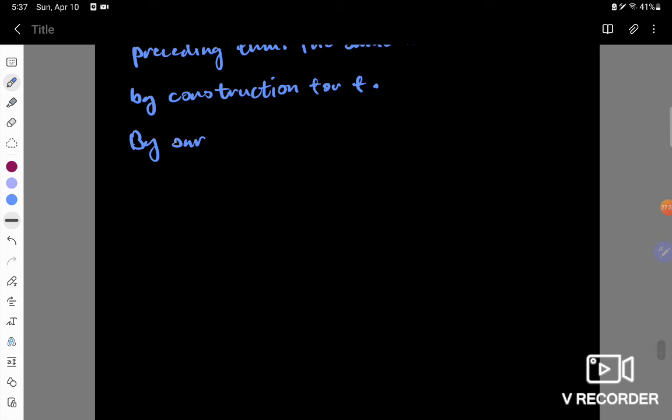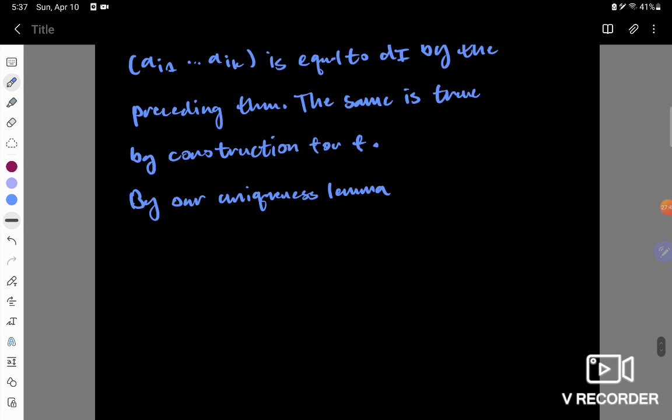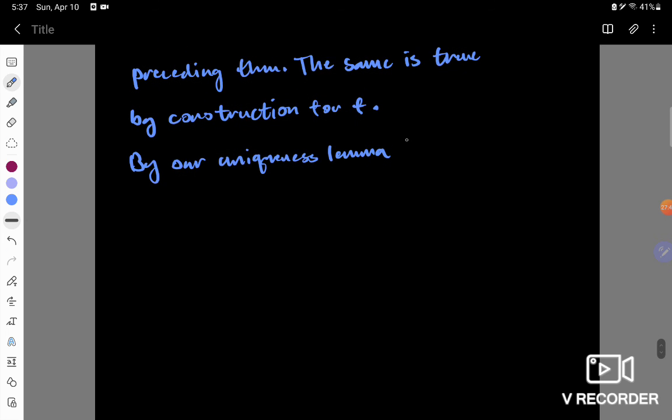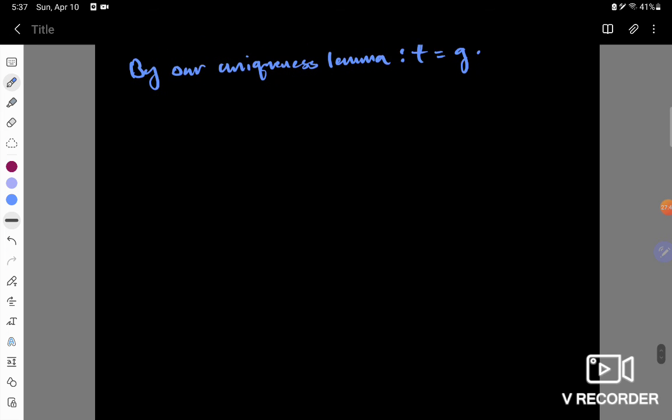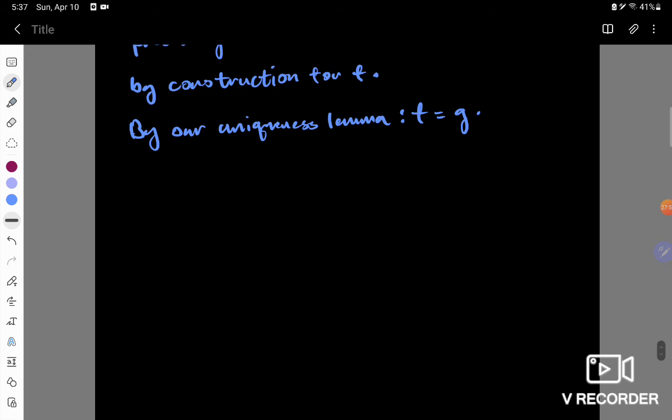By our uniqueness lemma, we showed that F and G agree in this sufficient manner. Hence, F is going to be equal to G. And this is unique because of our lemma, and we have shown now that F equals G, and this representation is in fact valid.